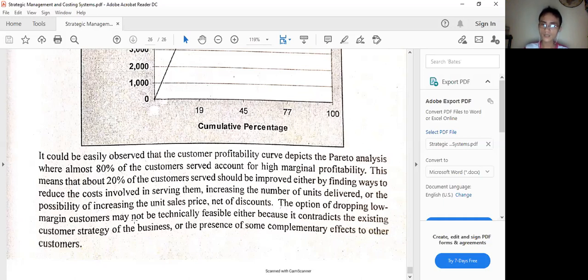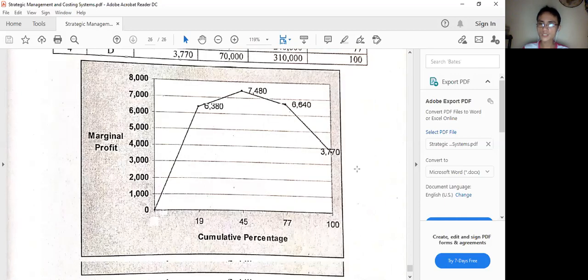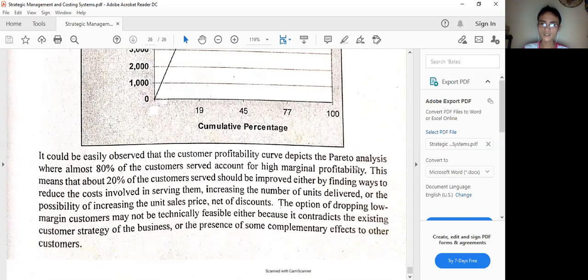the existing customer strategy of the business just because the situation is tough that we are now going to abandon them. That's a no-no. Or perhaps there are some complementary effects to other customers. If, for example, we are going to remove them, that would also have impact on the sharing of respective cumulative percentages for profitability of the other customers because once one is removed, the analysis could be different.